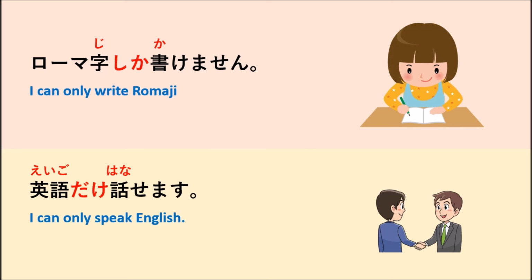But if you use dake, that means only. If you say eigo dake, that means only English. But if you say eigo shika, that means only English, but at the same time, you may know another language a little bit. So this is the difference between shika and dake.